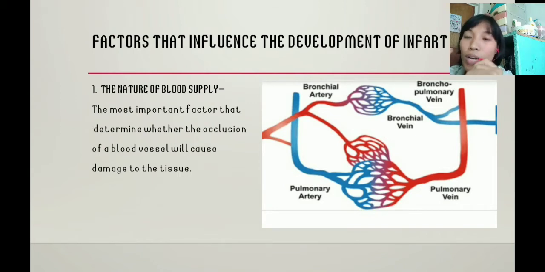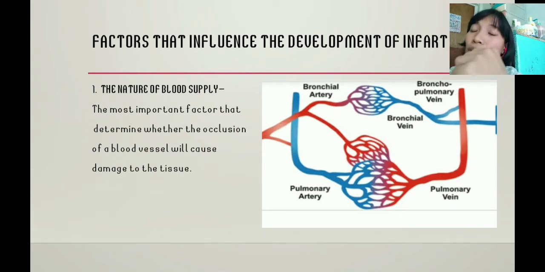Okay, however, remember that there is still another blood supply, which is the pulmonary vein. So this blood supply coming from the pulmonary vein somehow prevents the infarction from occurring.